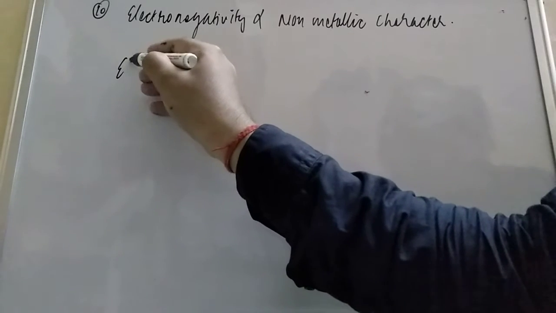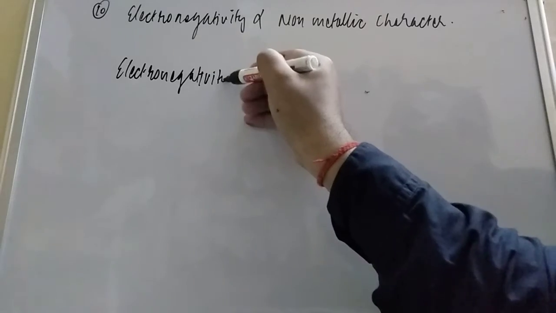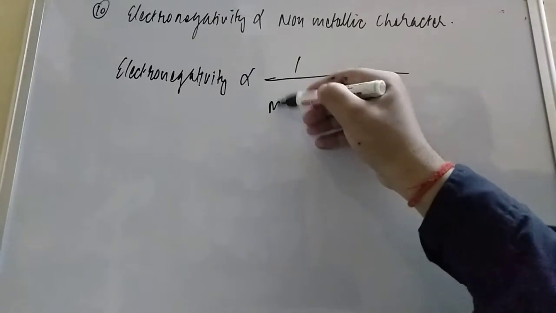If the given atom is a non-metal, electronegativity will be high because of the proportional sign. And in case of metal, electronegativity will be less. So the second point we can write: electronegativity is inversely proportional to metallic character.